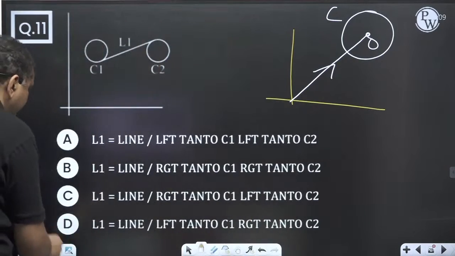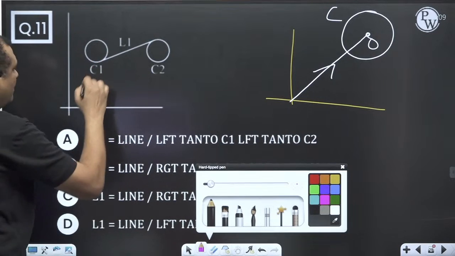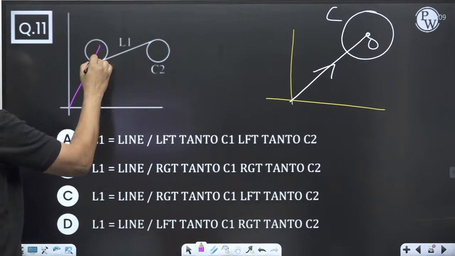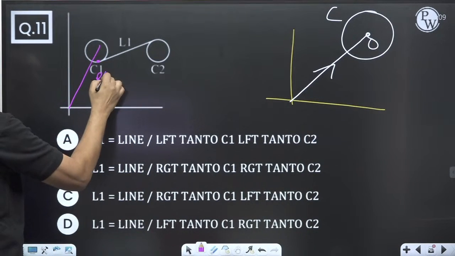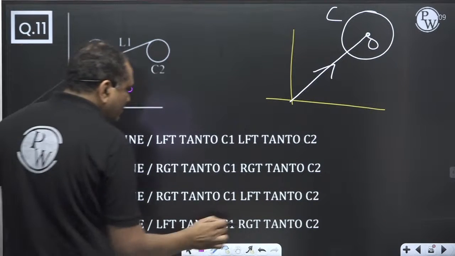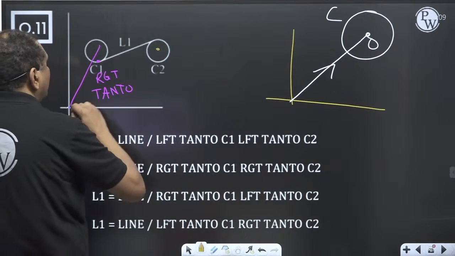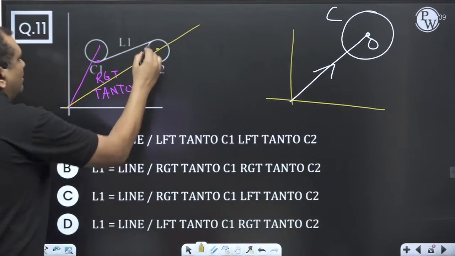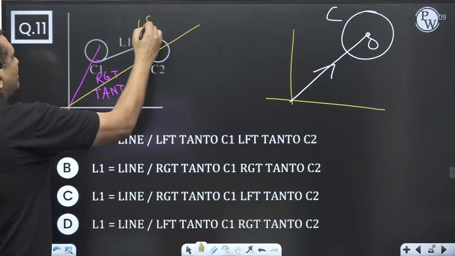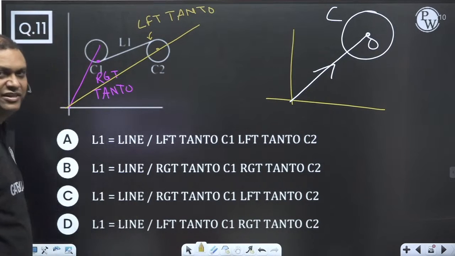So this will be right tangent, and this will be left tangent. Tangent means tangent.